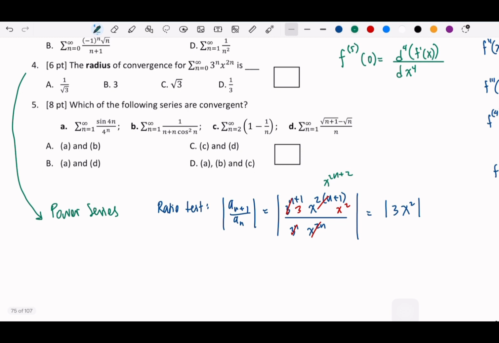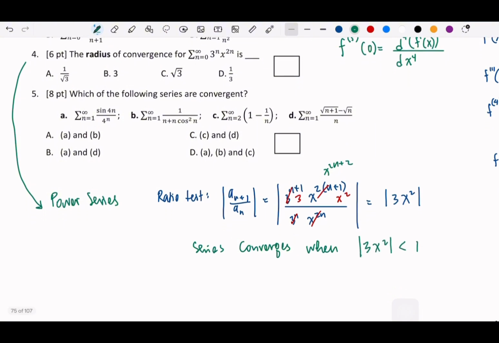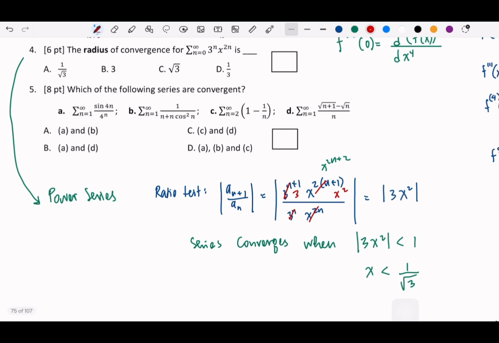Which means that the series converges when this 3x squared is less than 1. Or in our case, in our expression, x should be less than 1 over the square root of 3. And this will be the radius.